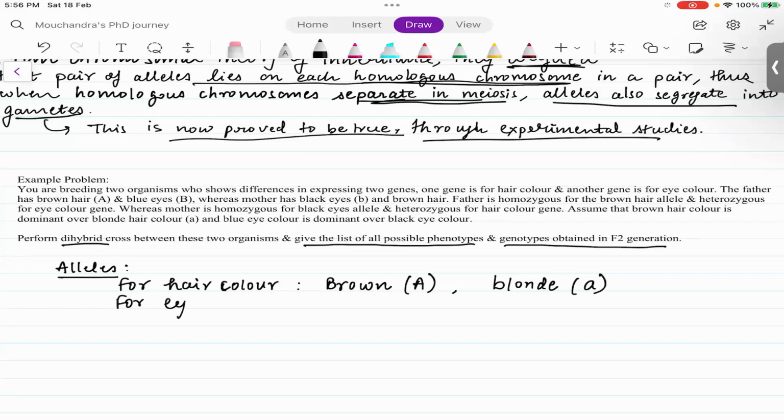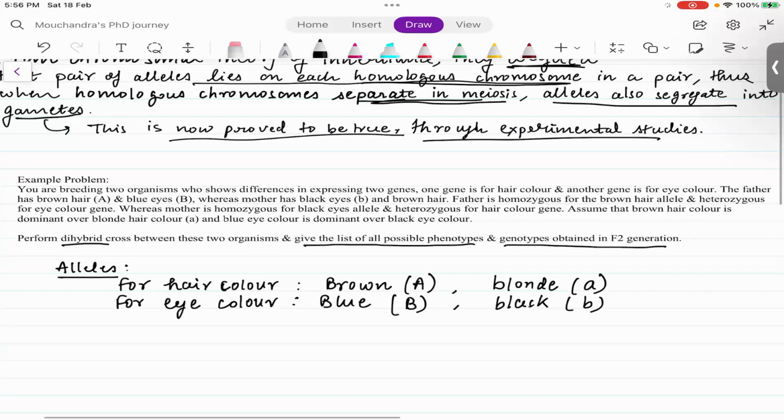And for eye color, there is blue eyes, represented with capital B, and black eyes, small b. We are asked to assume that brown hair color is dominant over blonde, so I'm using a capital letter for the dominant allele and a small letter for the recessive allele.